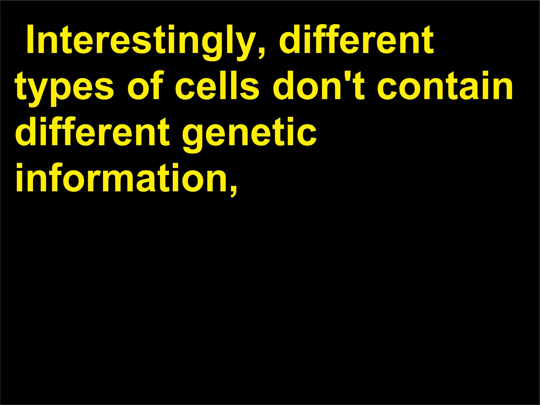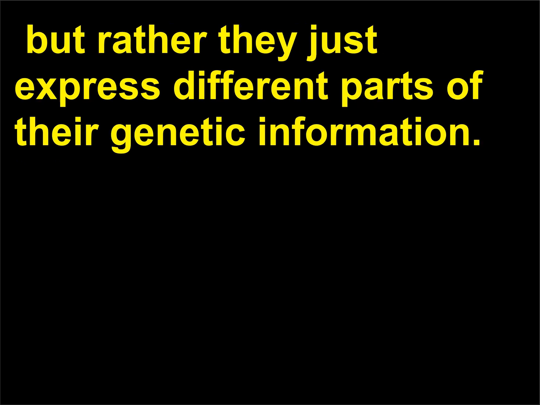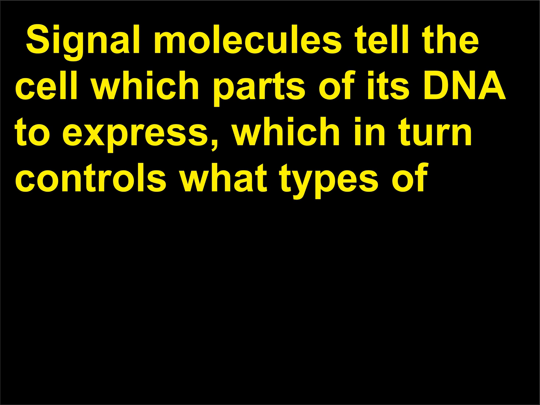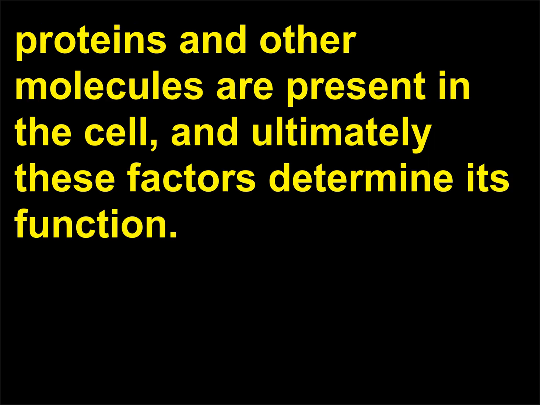Interestingly, different types of cells don't contain different genetic information, but rather they just express different parts of their genetic information. Signal molecules tell the cell which parts of its DNA to express, which in turn controls what types of proteins and other molecules are present in the cell, and ultimately these factors determine its function.